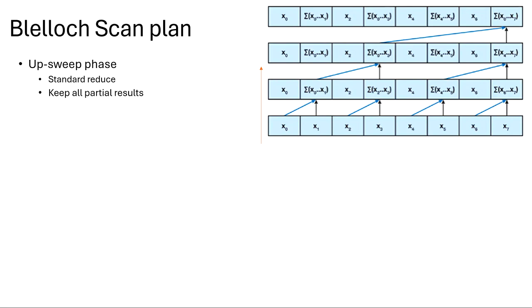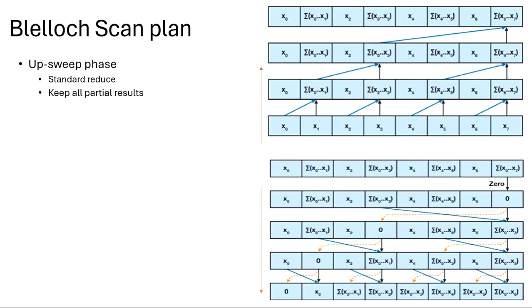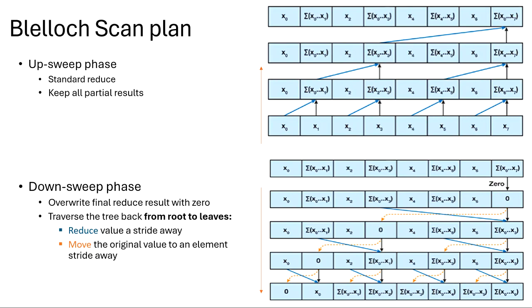So if we've done this, you can see these intermediate results are still sitting in the array. All these numbers here are still sitting in place in the array. In a normal reduce, we don't make any use of them. We make use of this total up here. If we want to turn that into a cumulative sum, we are going to make use of them. We're going to look at what was created.